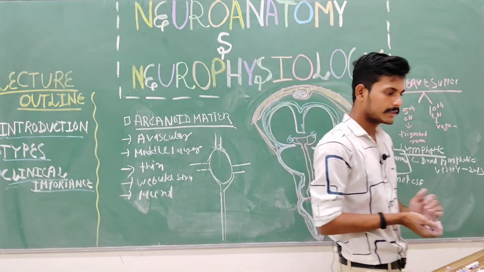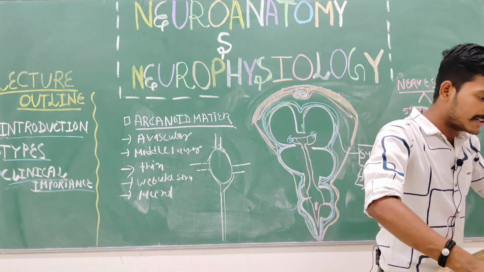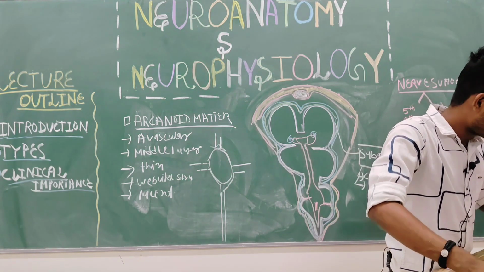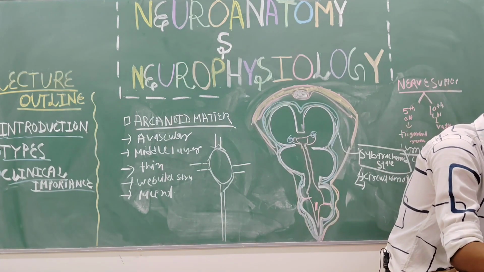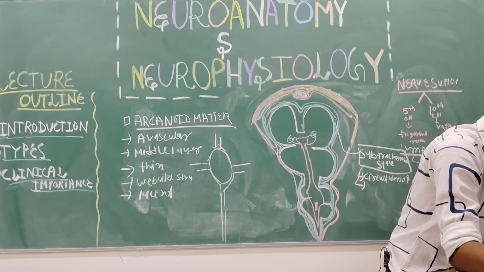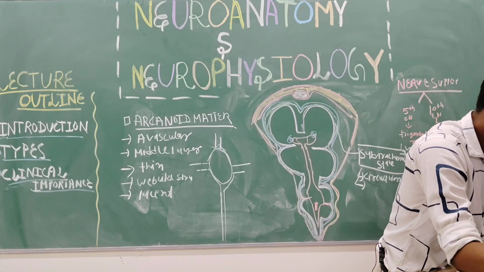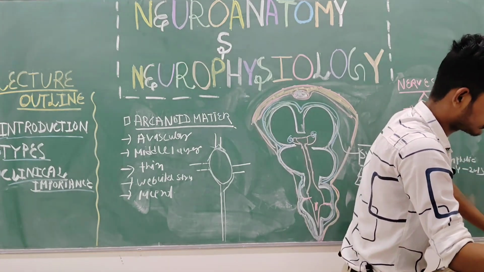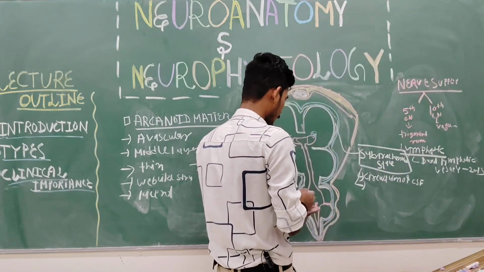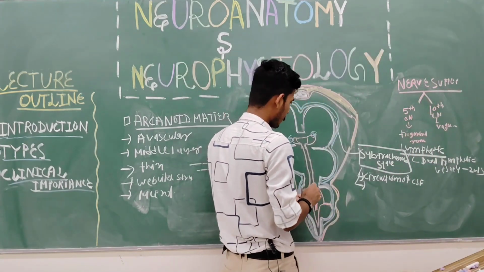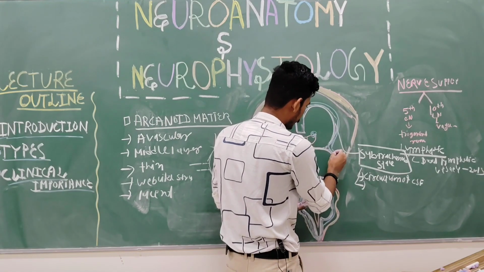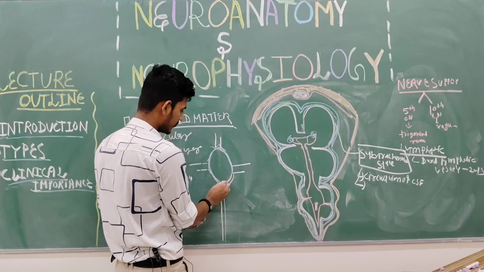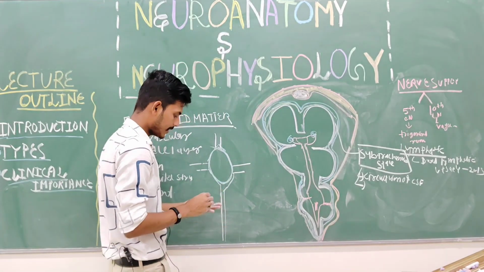Now, another important thing about the subarachnoid space is the subarachnoid hemorrhage. Here there are cerebral arteries present in this area. As I told, there is a circle of Willis present, and these are the arteries.